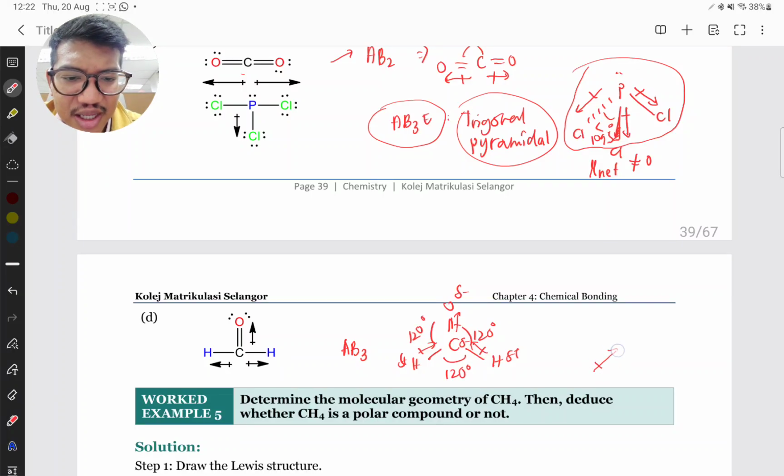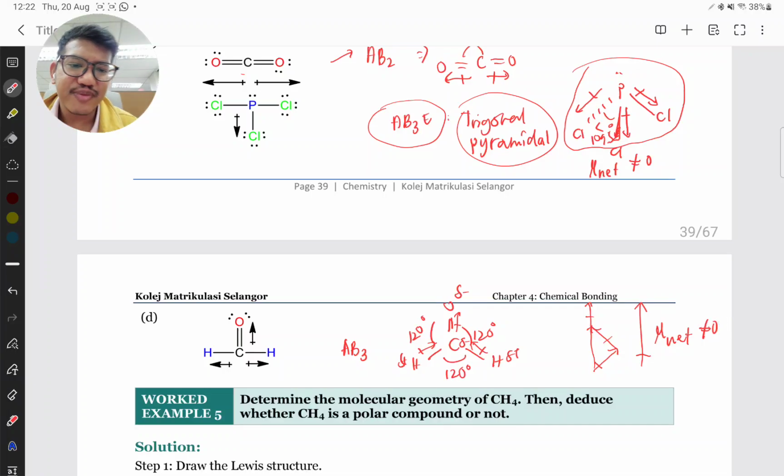Ni adalah daripada H yang sini, ni adalah daripada H ke carbon yang this one, and then kita ada oxygen like that. So dia punya resultant would be, this is the mu net there, and this is not equals to 0. Okay, but again, in this question dia tak minta net dipole, saya nak tunjuk sahaja. In this question dia sampai sini sahaja, only up until then.